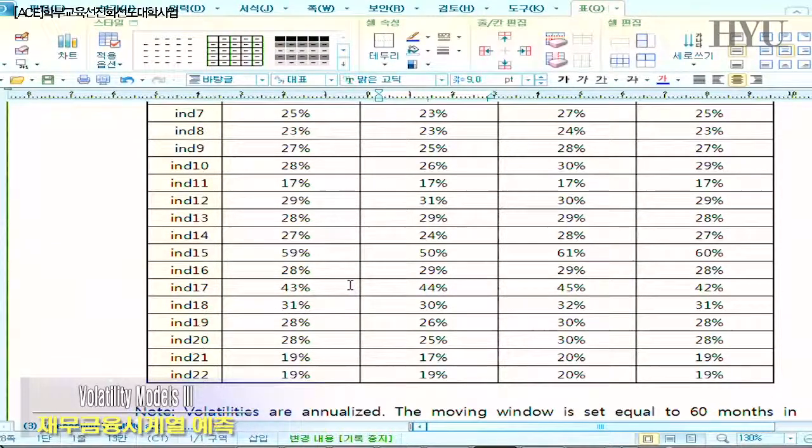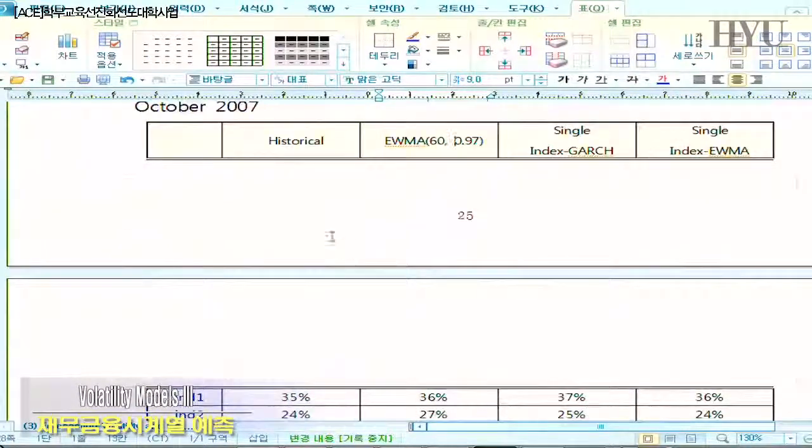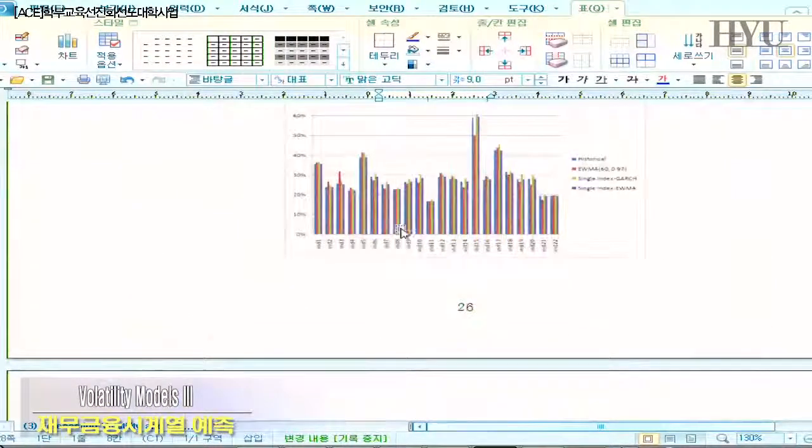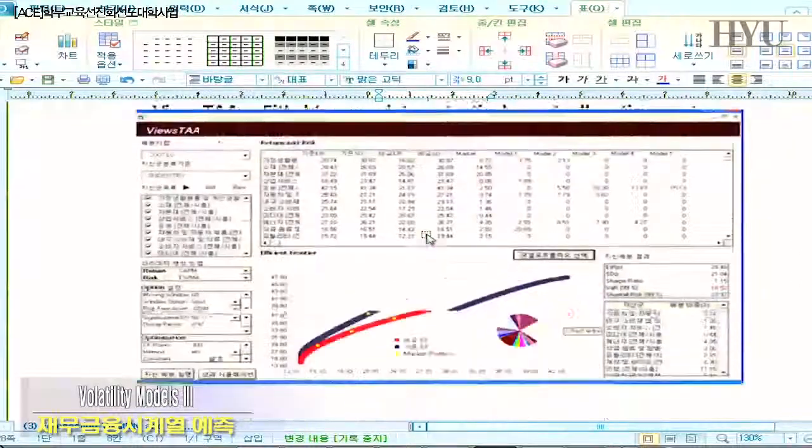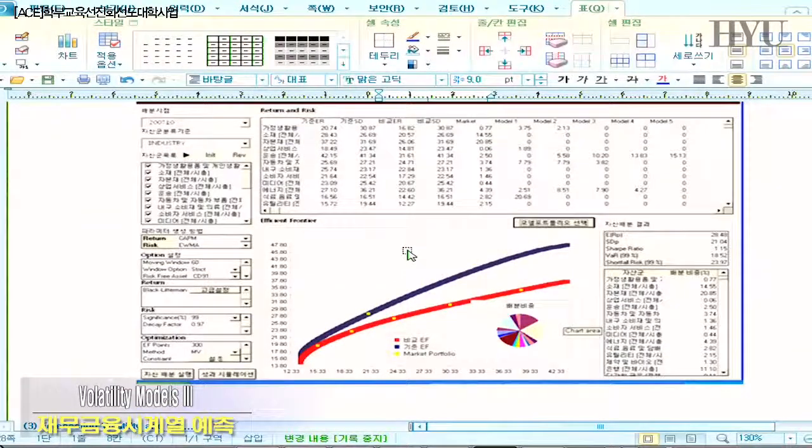So in practical applications, users can have a combo box so that they can choose, well, I want to define my volatility measure as the single index model, or EWMA, or this one. But industry-wise, the difference appears to be not that big, right? So those volatilities and the covariance matrix, we're using that for those industries.